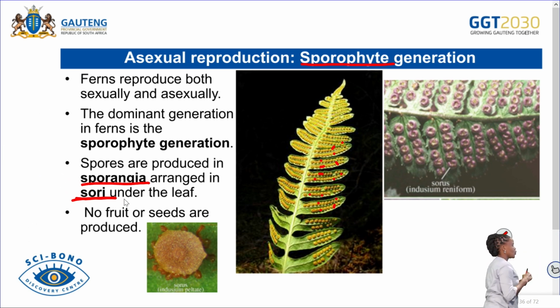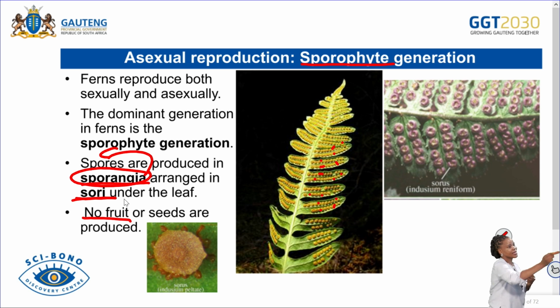So not that sorus, but this sorus. Inside the sorus is where we have the sporangium, and the sporangium produces the spores. The very same thing is happening with the ferns. They do not bear seeds or fruits. So they only bear what?